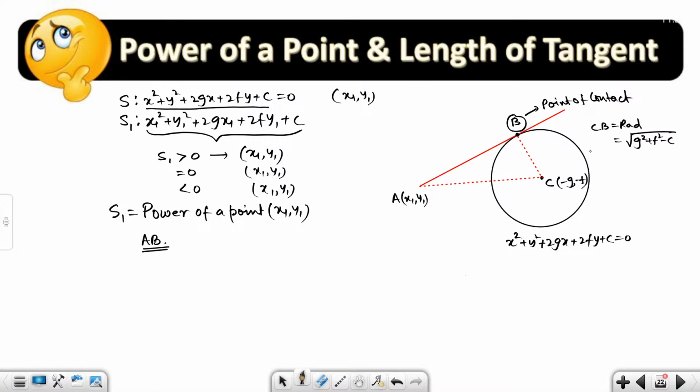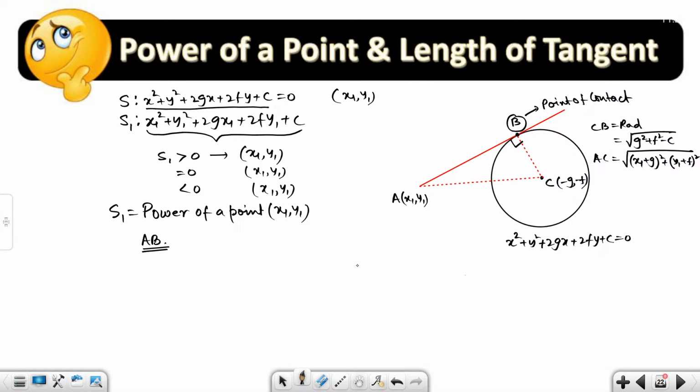Now what is AC? By using the distance formula, I can find the distance AC, which is nothing but the root of (x1 plus g) whole square plus (y1 plus f) whole square. Now, since this angle is 90 degrees, I can apply the Pythagoras theorem.